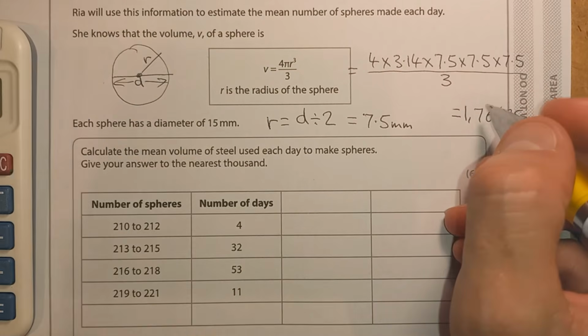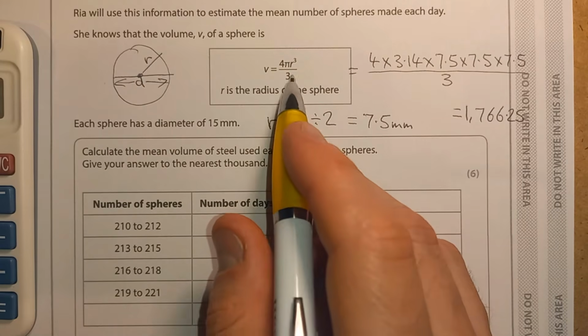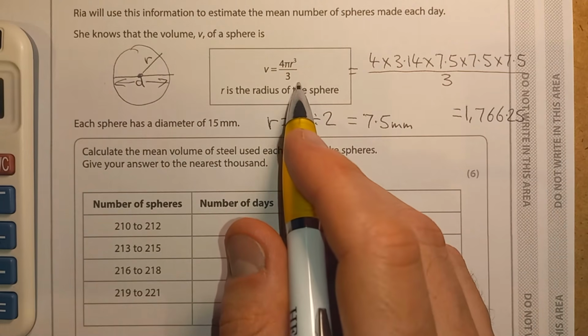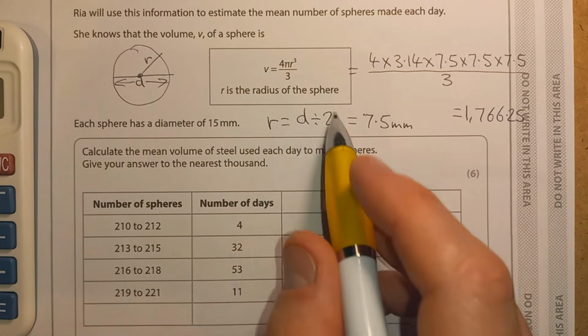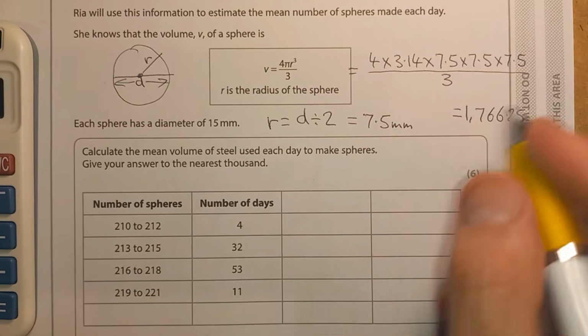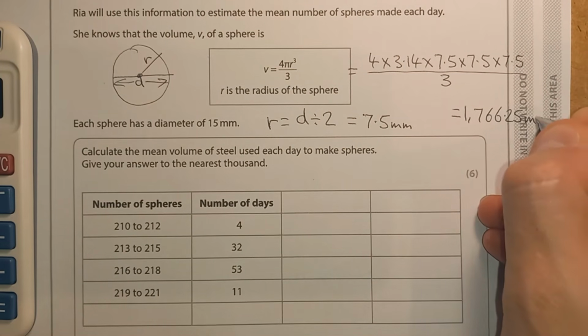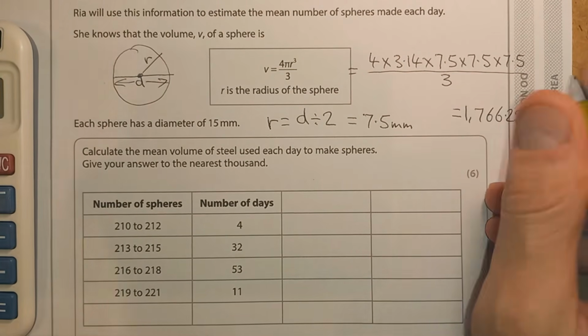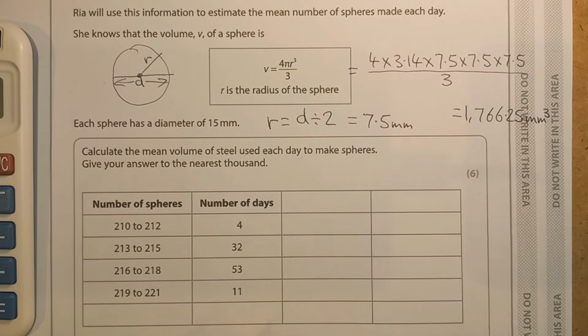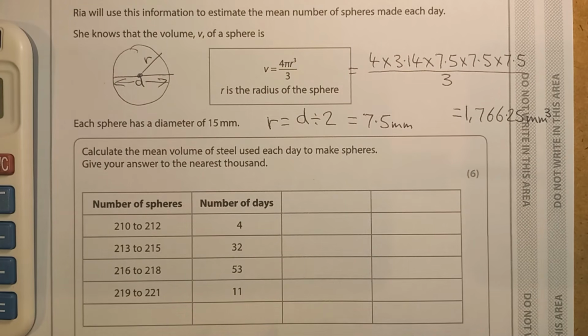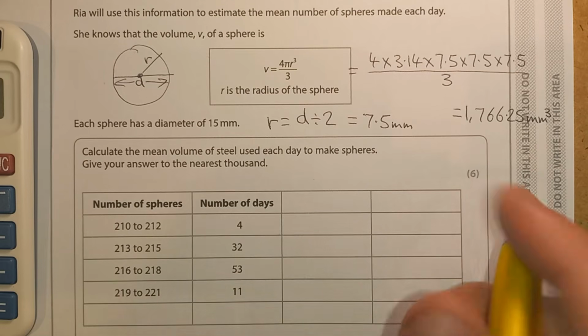And what are the units of this? Well, it's volume, and it's in millimeters, so it's going to be millimeters cubed. Okay, now we've got that, which is going to be really helpful, and we're going to use that later on.